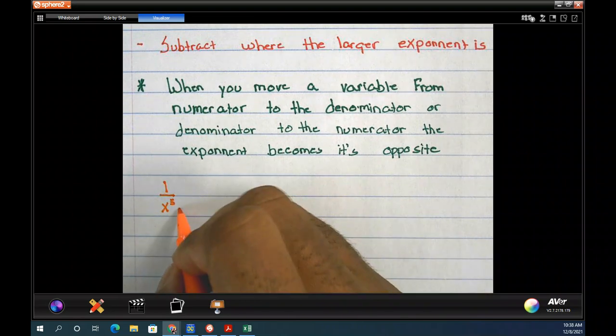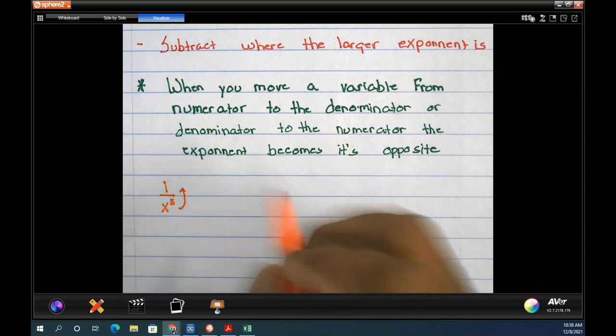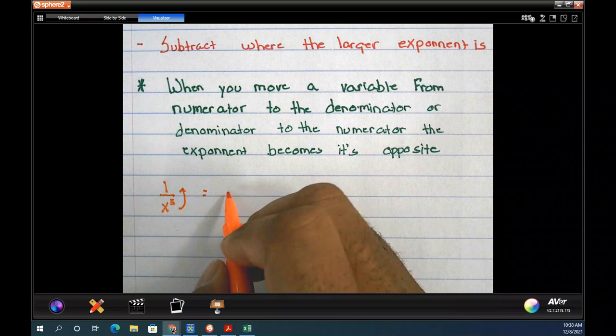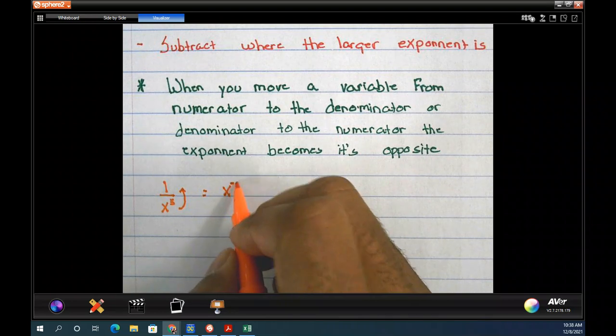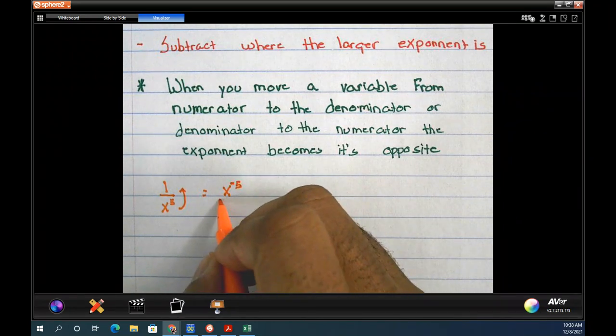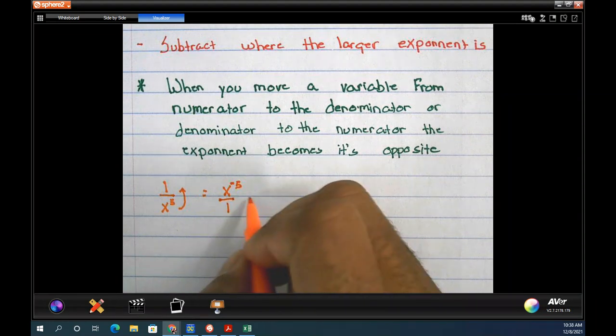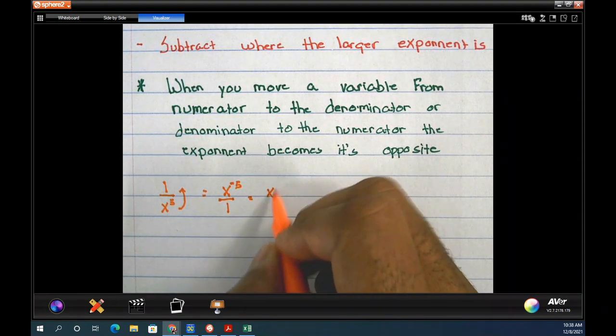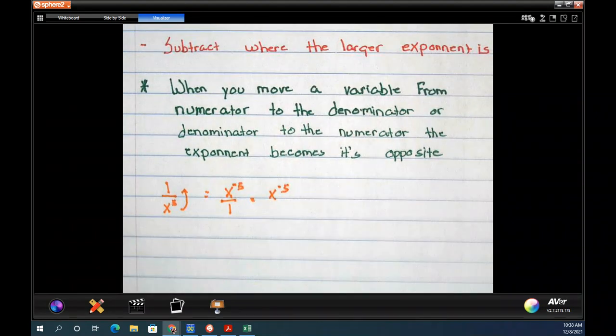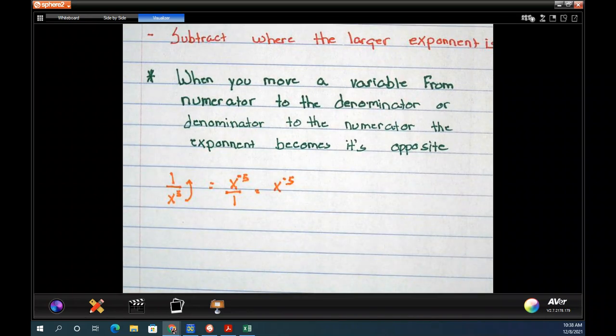If I want to move that to the numerator, it now becomes x to the negative 5th over 1, which is just x to the negative 5th. You see, it was positive in the denominator, but if I move it there, it becomes negative.